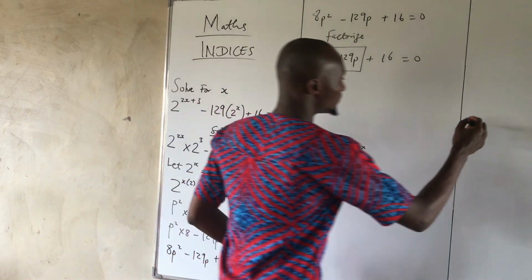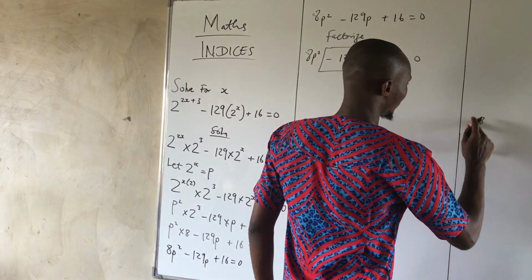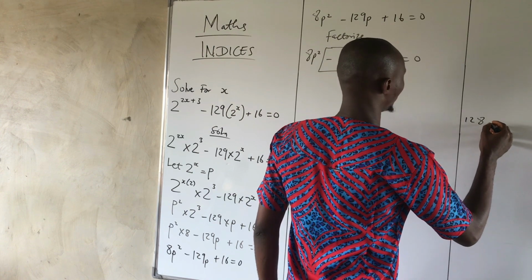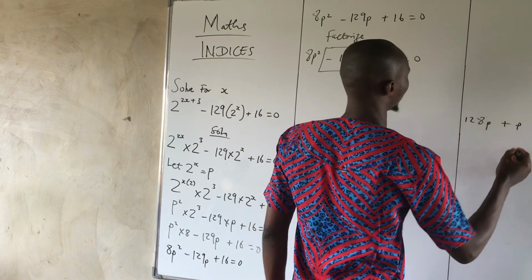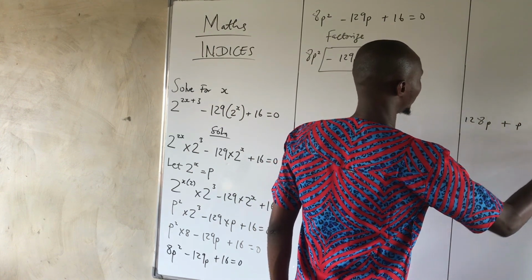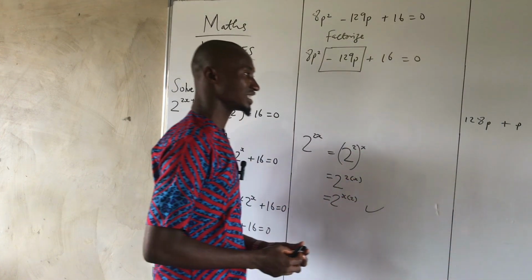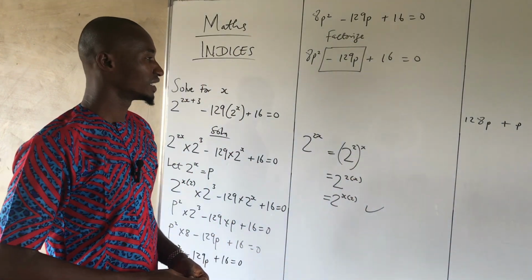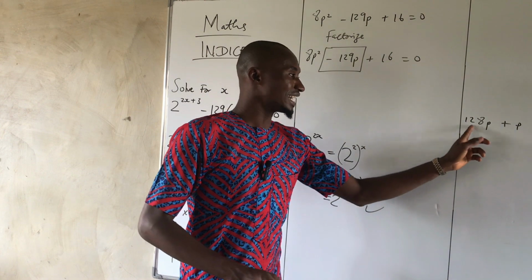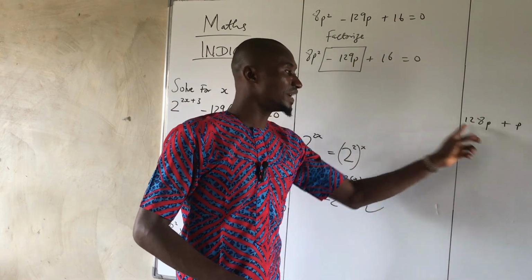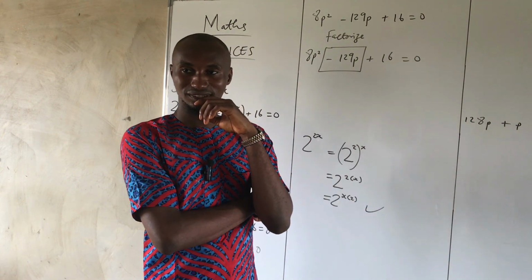If you factor this, you know we have 128p plus p, which will give you 129p. But you have to ask yourself, is it going to work? Can 8 divide 128?